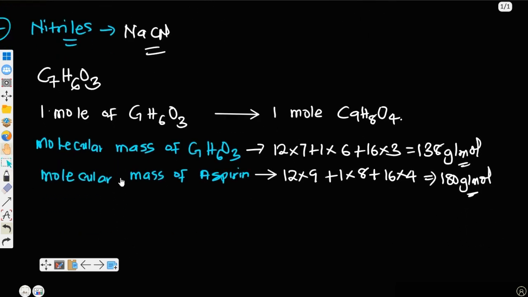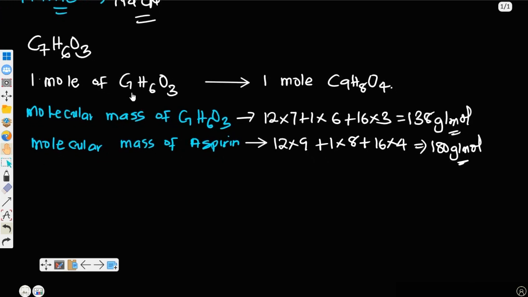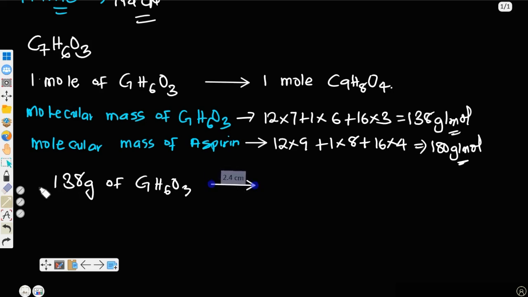So if 1 mole of salicylic acid is equal to 1 mole of this, you now come here and say 1 mole of salicylic acid equals how many gram? You are now going to say 138 gram of C7H6O3 gives us 180 gram of C9H8O4.